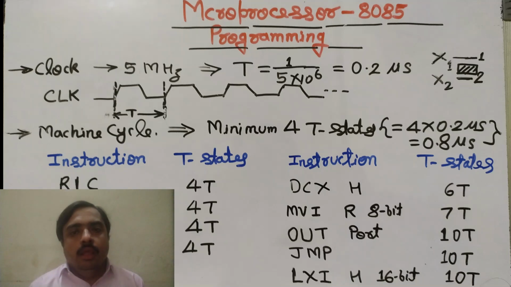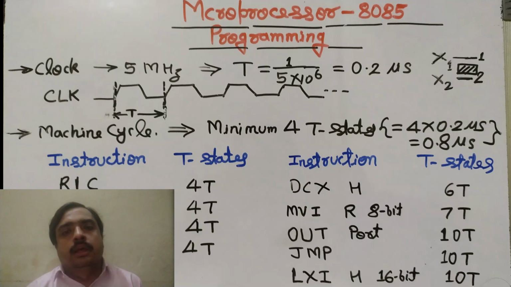In 8085 the minimum time to perform a particular instruction is 4T. 4T means 4 into 0.2 microsecond, where 0.2 is the time period of the 8085 frequency of 5 megahertz. This will be 0.8 microsecond, meaning at a minimum 0.8 microsecond is required to perform its instructions. But there are so many instructions in the instruction set.